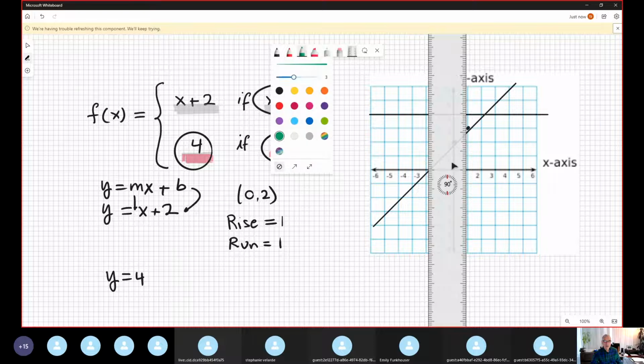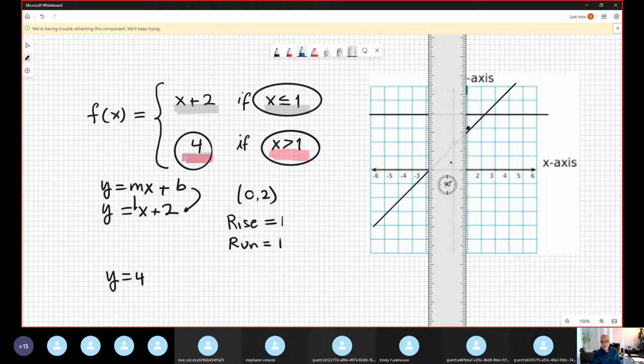Let me change the color to maybe blue to differentiate. And we did in black color the graph of each piece separately.